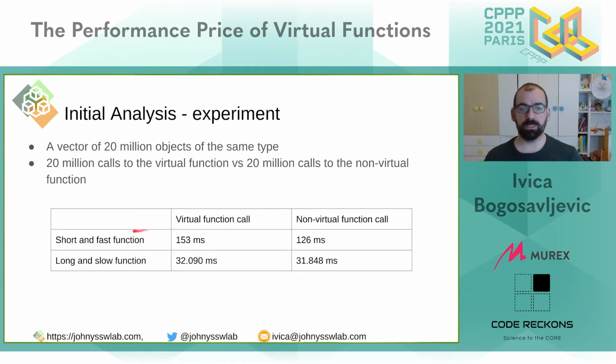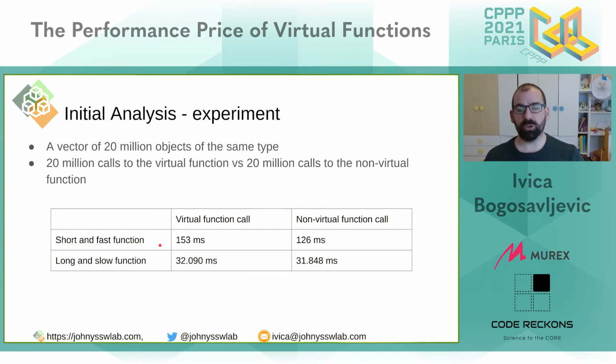So if we have a short and fast function, the virtual function call is slower, but not much: 153 milliseconds compared to 126 milliseconds for 20 million objects of the same type in a vector. If we have a long and slow function, then this difference is almost negligible.